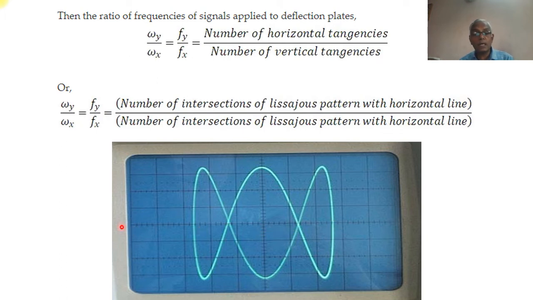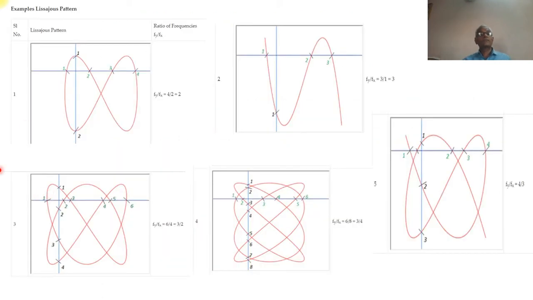Here on the CRO tube there are a number of lines, so we can measure the number of intersections of the Lissajous pattern with the horizontal line, and likewise the vertical line. Fy corresponds to horizontal and Fx to vertical. That means I can measure the number of lines, and then from that proportion I can calculate the frequency ratio.